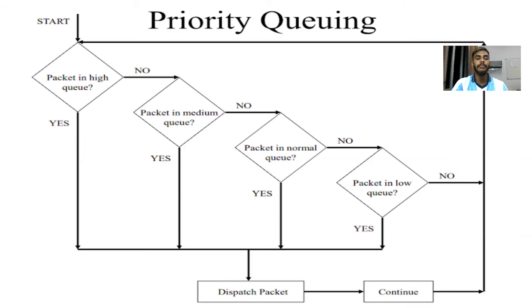In a priority queue, an element with high priority is served before an element with low priority. As you can see in the diagram here, a packet in the high queue is served first compared to a packet in the low queue. So this is what they call priority, and this is an example of priority queuing.